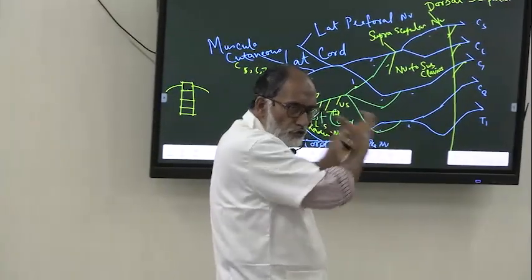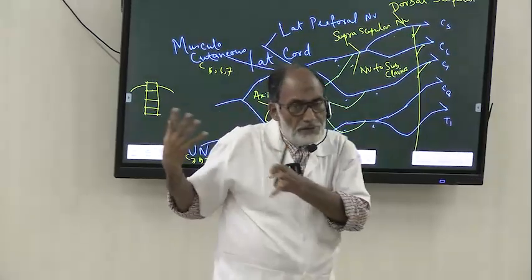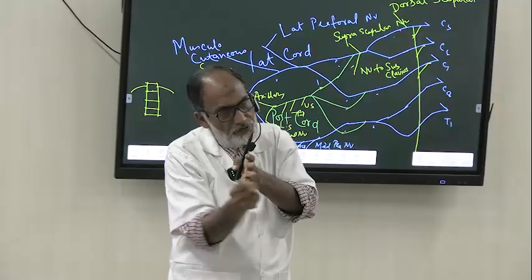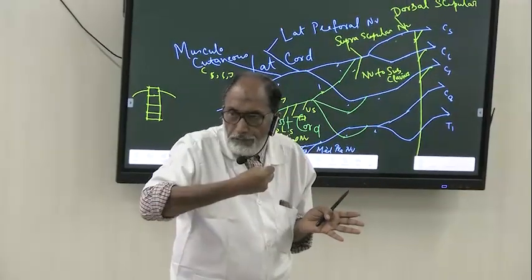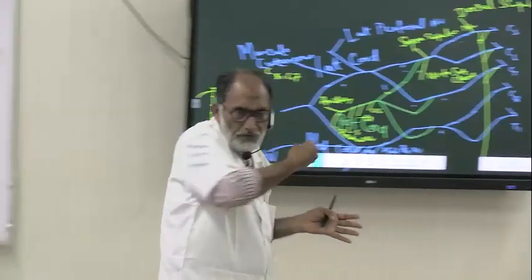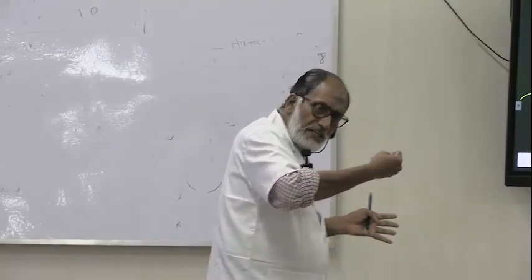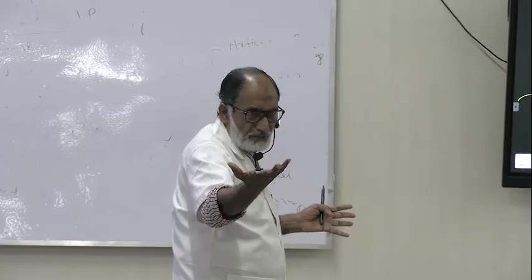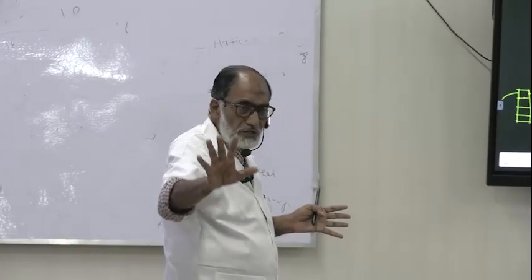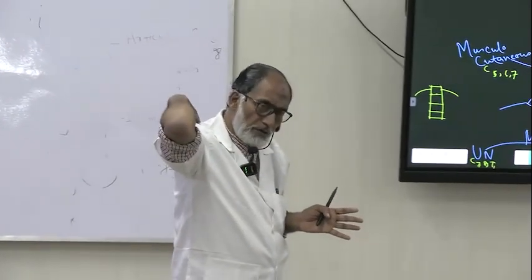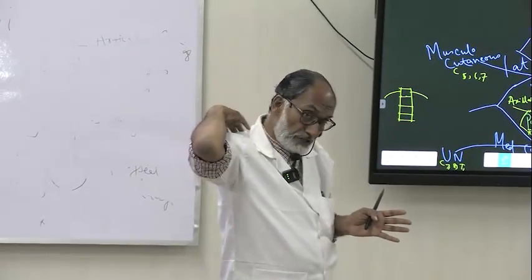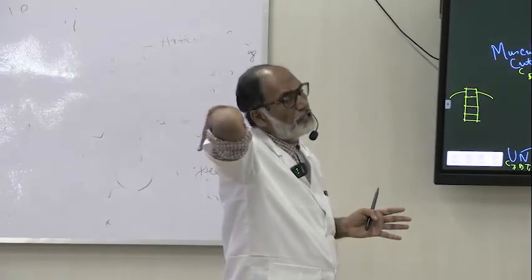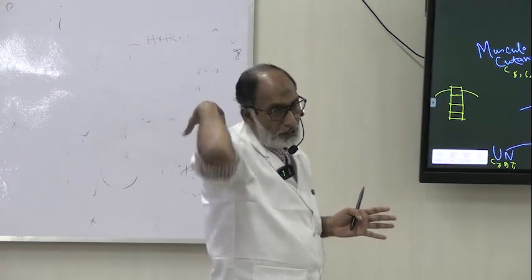So what did serratus anterior do? It keeps the scapula attached to the chest wall, it keeps it fixed with the chest wall. As there is no such fixation power, as the nerve supplying the serratus anterior has been paralyzed, the unopposed action of trapezius and rhomboids raises the medial border of the scapula.